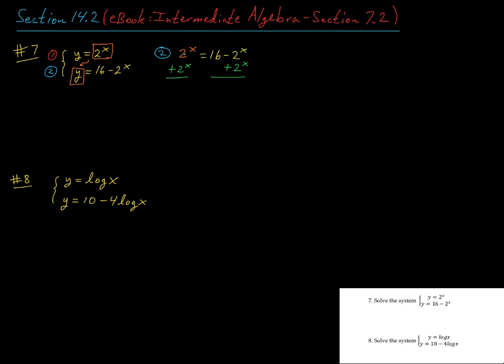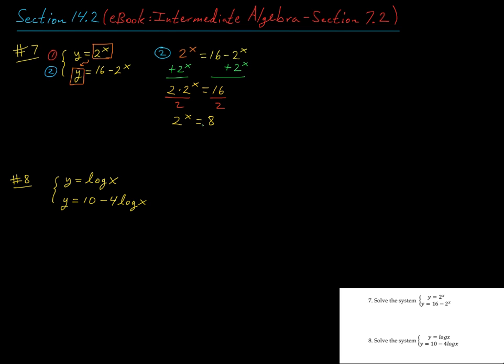And so on the left, I have 2 to the x plus another 2 to the x. So I have in total 2 of these 2 to the x's, or put another way, I have 2 times 2 to the x on the left-hand side. And then over here on the right, 16. So let's now divide both sides by 2. So I have 2 to the x is equal to 16 halves, so that's 8.